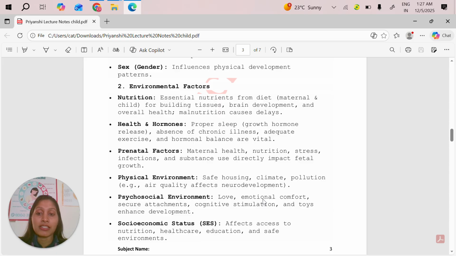Then next is prenatal factors. Maternal health, nutrition, stress, infections and substance use directly impact fetal growth.